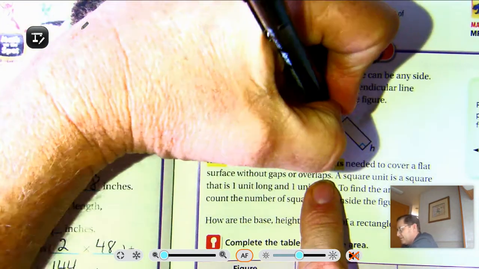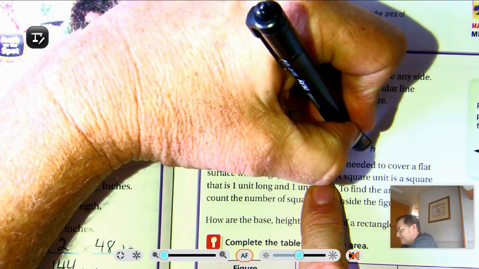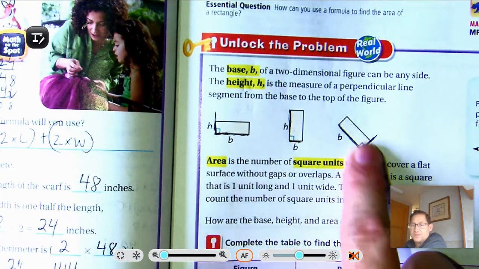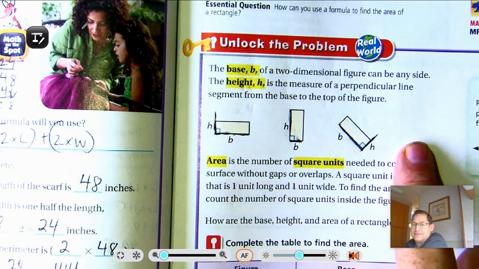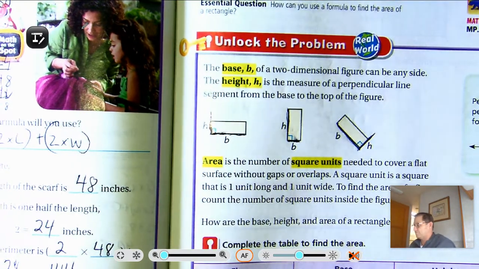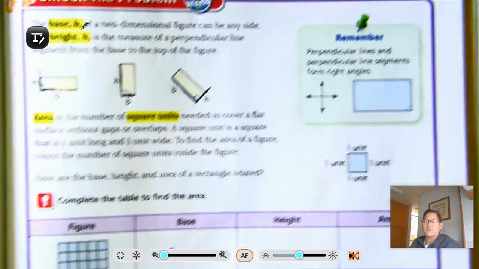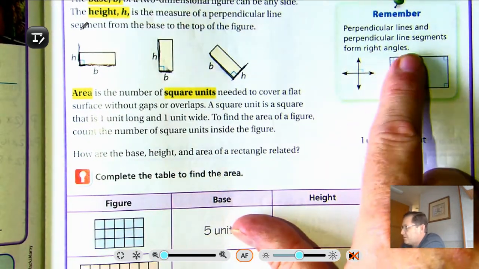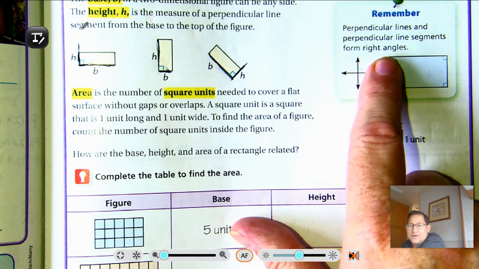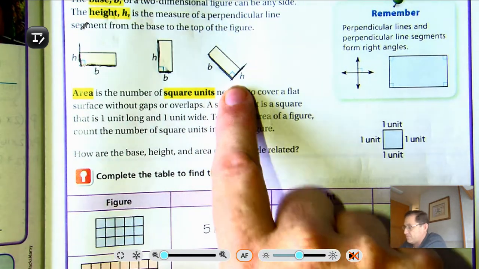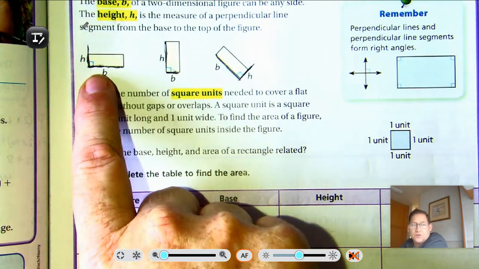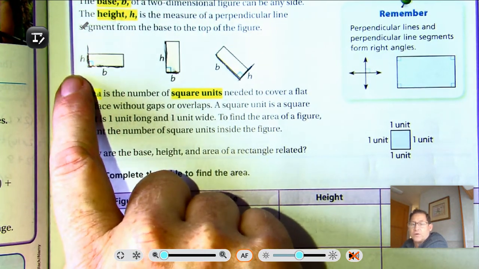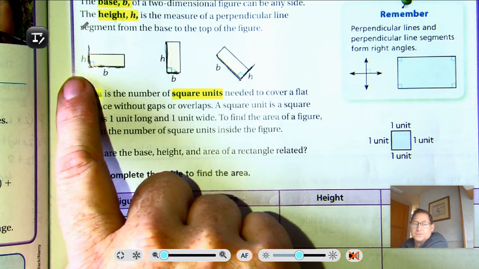But if this is the base, then that part right there, which is perpendicular to the base, is still the height. Just a reminder, perpendicular lines and perpendicular line segments form right angles. You notice that with the blue squares inside here. So the base and the height form square corners or right angles.